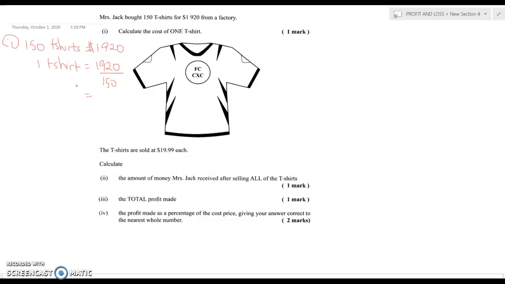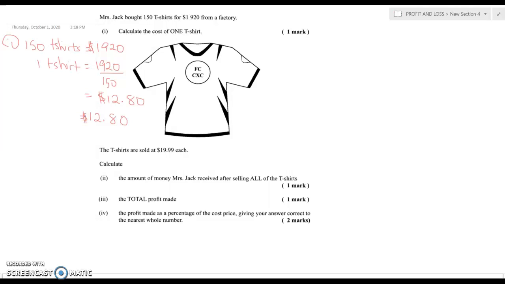And when we work that out, we will get 12.8 on the calculator. But remember, it's money we're dealing with, right? So then you have to add in the 0, because it's $12.80. Cool.